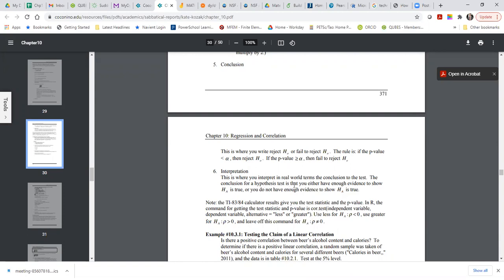that we do not have enough evidence to show that the alternative is true, or we do have enough evidence to show that the alternative is true. Okay.